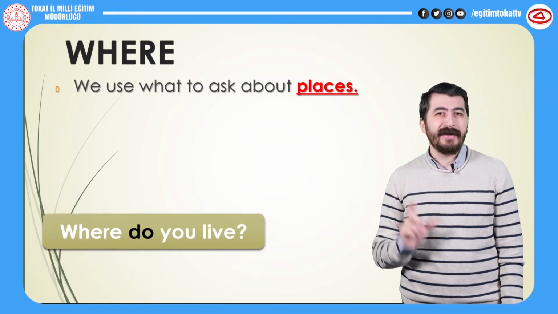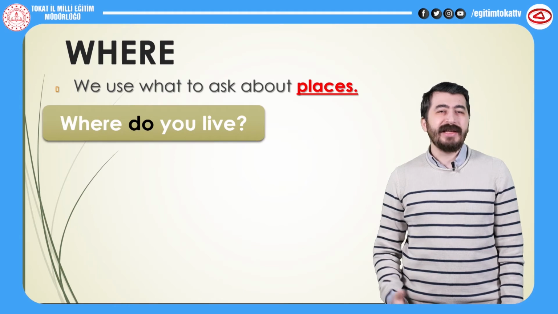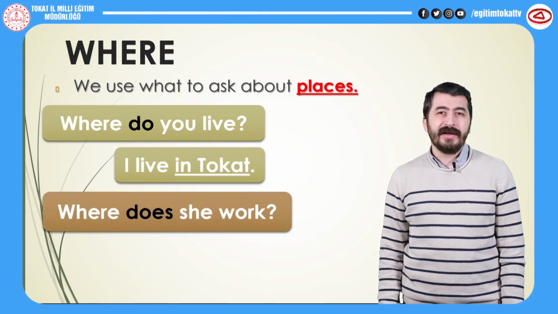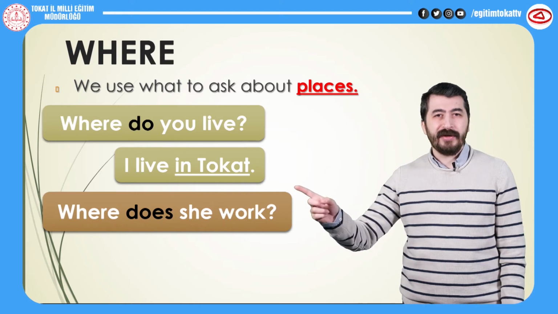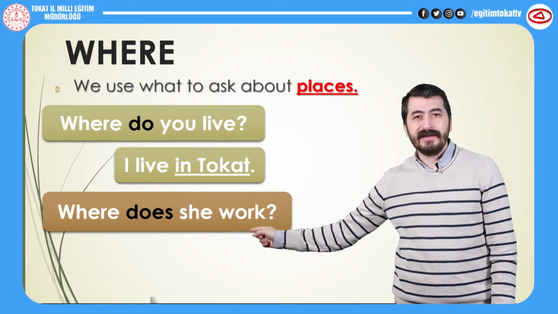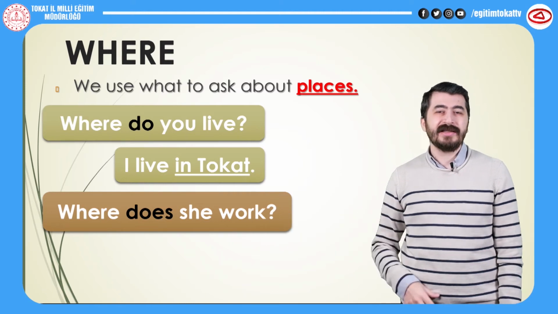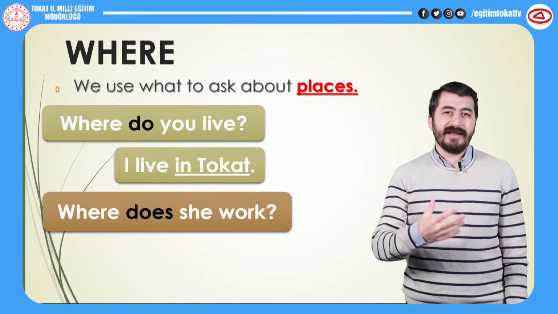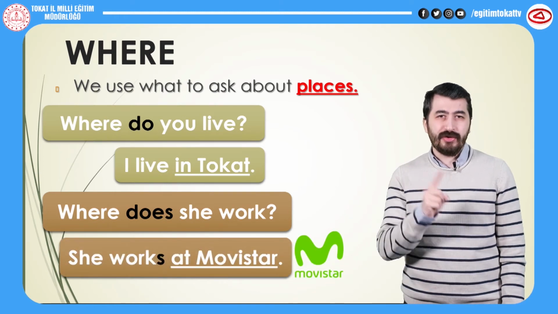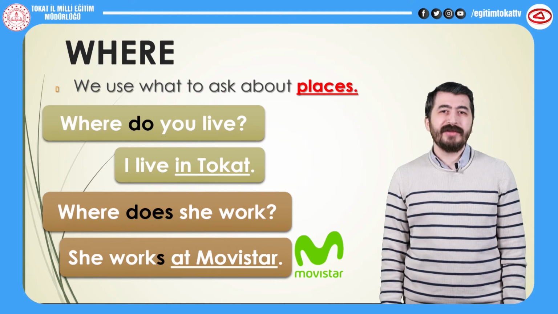Where do you live? I live in Tokat. Where does she work? Don't forget the do and does difference. We use does with he, she, it, okay? She works at Movie Star.